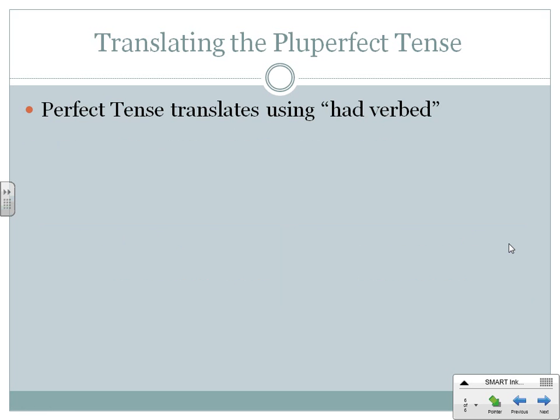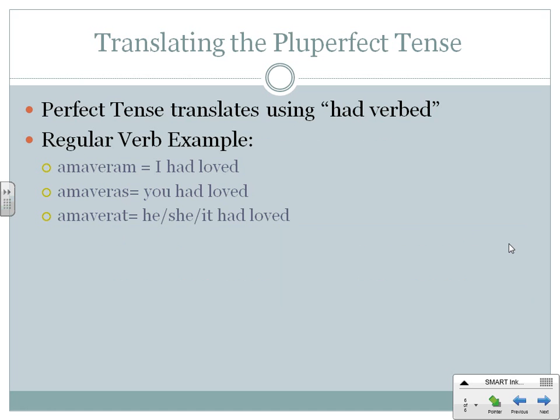And in order to translate your pluperfect tense, you're going to use the verb grouping had verbed. So, for example, amavi would be amaveram, I had loved. The regular verb examples would be amaveram, I had loved, amaveras, you had loved, and amaverat, he, she, it had loved.